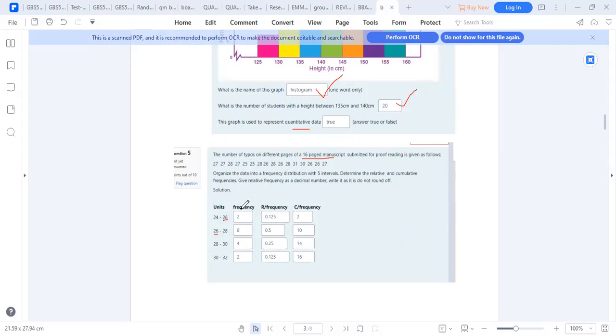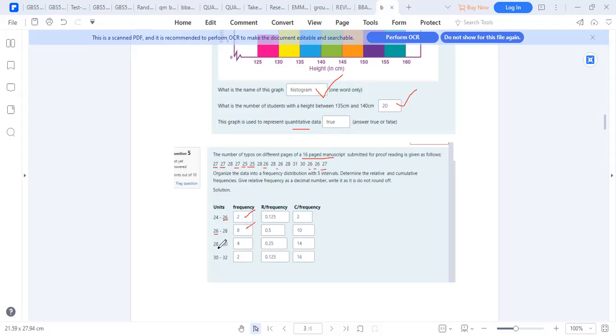So if you're going to look at here, which numbers are between 24 and 25. So you go here, you discover that there's only 2 numbers. 25, 25, there are 2 here. Which ones are between 26 and 27? There are 8. 1, 2, 3, 4, 5, 6, 7, 8.